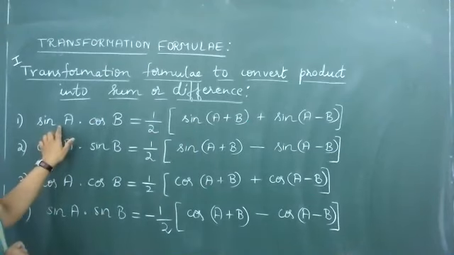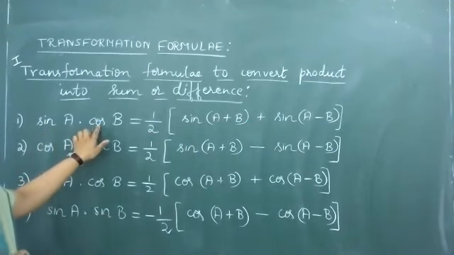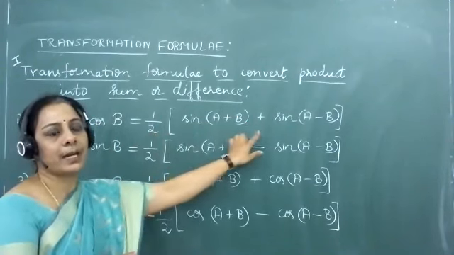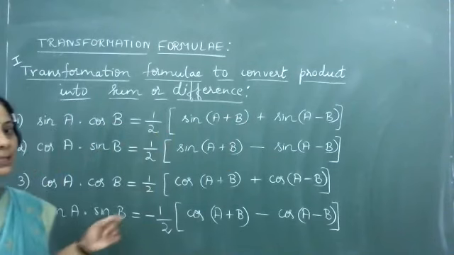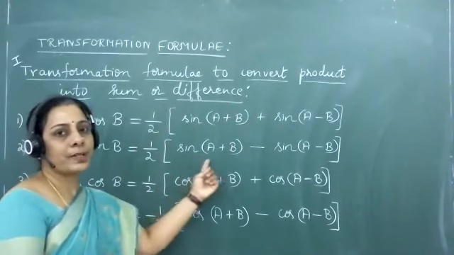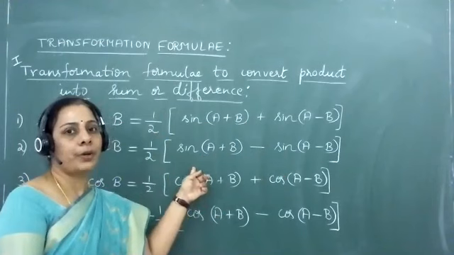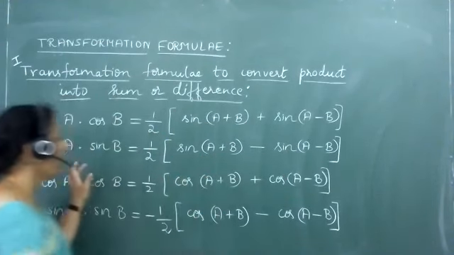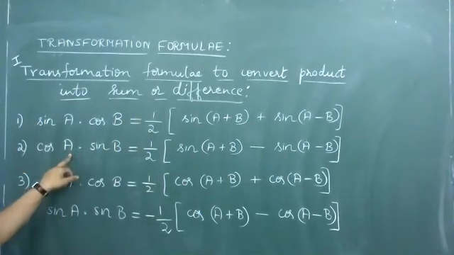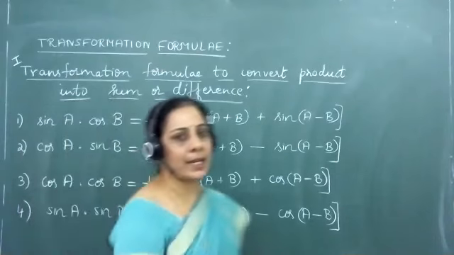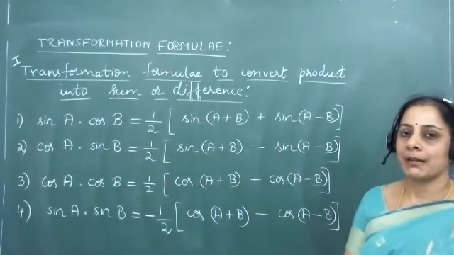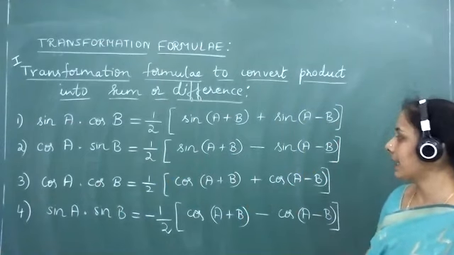So it goes like this: sin A into cos B is equal to half of sin A plus B plus sin A minus B. Similarly, you subtract the same two compound angle formulae and rearrange the terms, which gives you the second one: cos A into sin B is equal to half of sin A plus B minus sin A minus B.